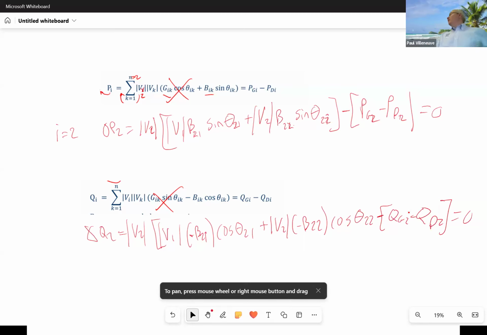Those are my two fully written out power balance equations. Yes, sir. It's QG2 minus QD2, D as in David, demanded.